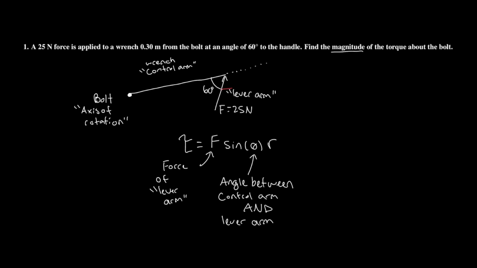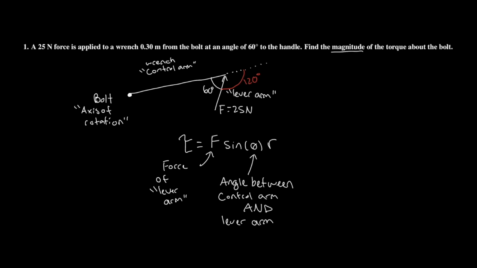We could draw another angle between the lever arm and the control arm, in this case, which would be 120 degrees. And these are actually going to give us the same answer. So as long as we have an angle that touches or that starts at the control arm and ends at the lever arm, or vice versa, that will work. So here our theta can be 60 degrees or 120 degrees.